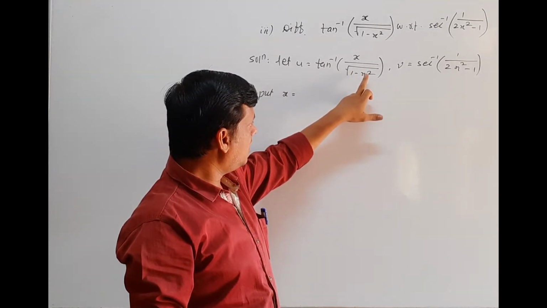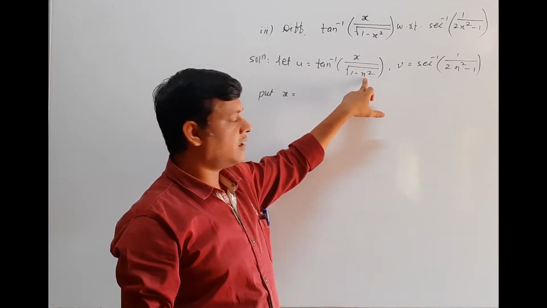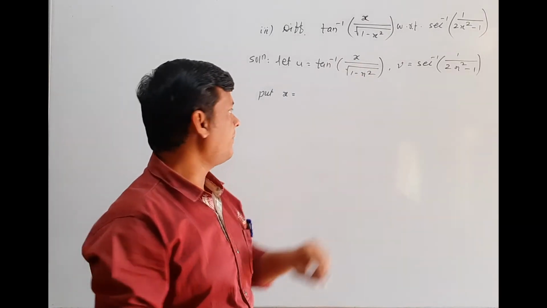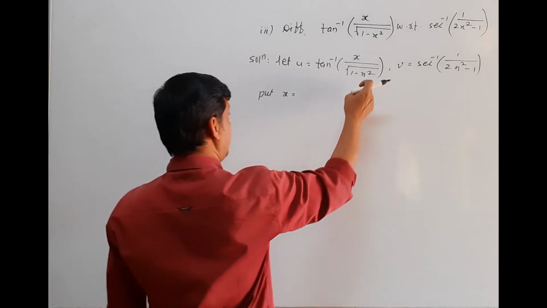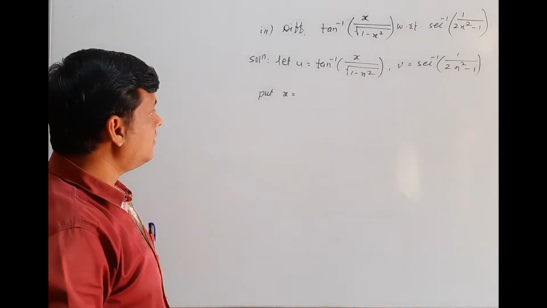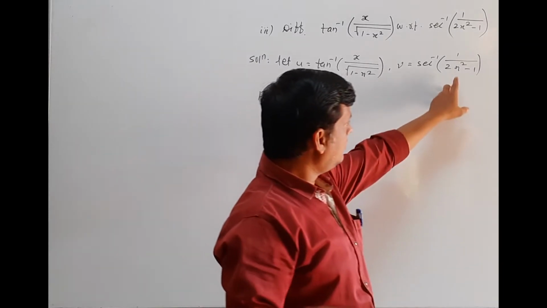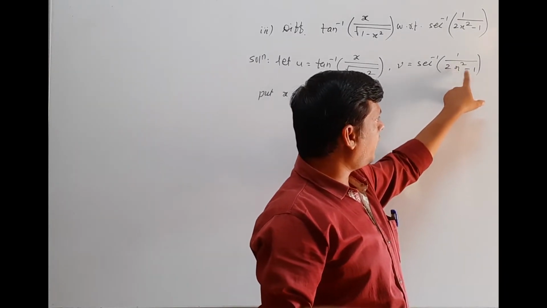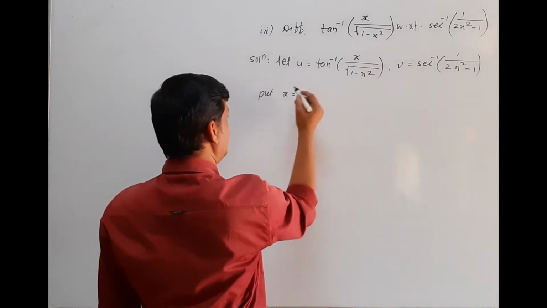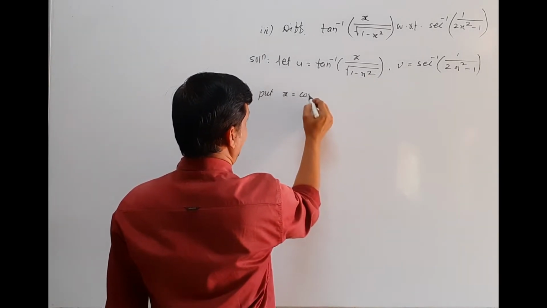So here we write x is equal to cos theta or x equals sin theta. We also have to write 2x square minus 1, so we write x is equal to cos theta.